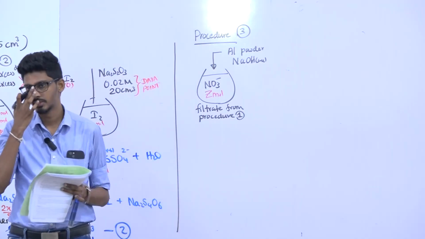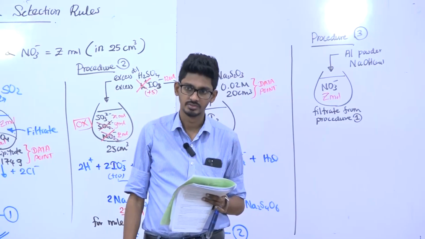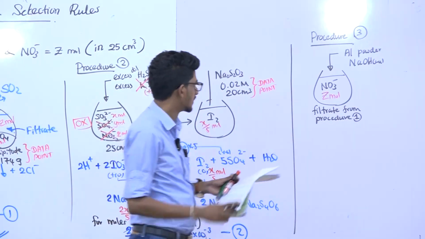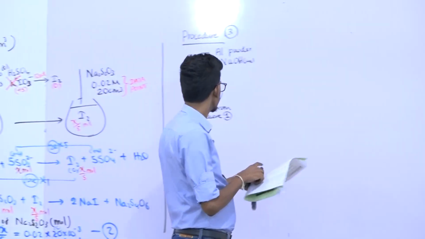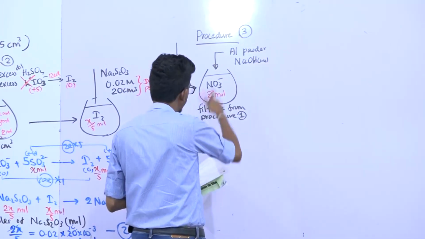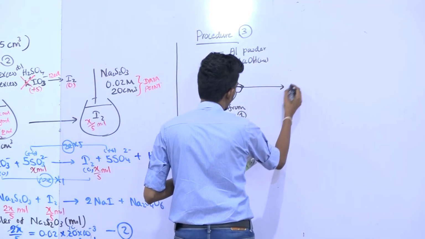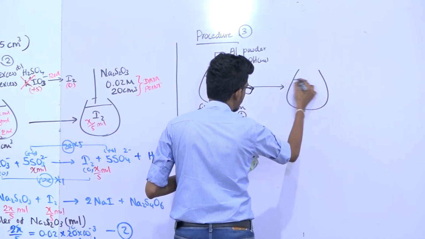I told you, whenever there is a nitrate analysis, the aluminium dust test will definitely be used. Don't forget it; you should be able to write the reaction. So what they are saying is that a reaction will occur and release some NH3.